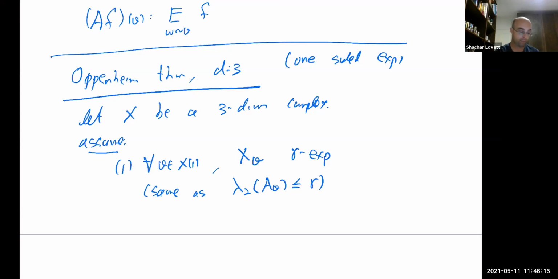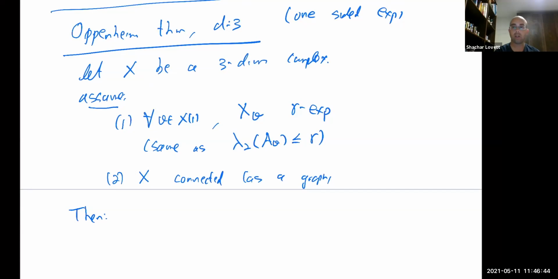It is an expander. And secondly, well, there's only one lower dimensional face, so A of the empty set, which is just the underlying graph of X, is connected. So if I take the underlying graph of X, it is a connected graph.